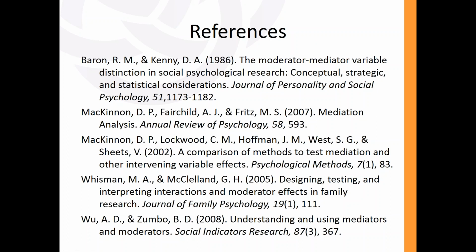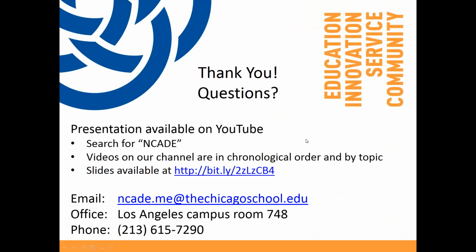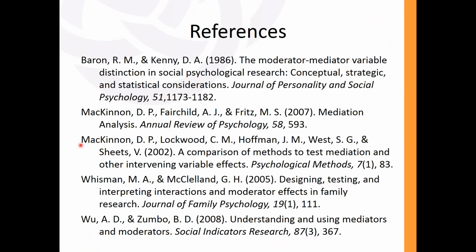It's basically required reading. And all these other ones are seminal articles. This MacKinnon et al. article from 2002 has a lot of different versions of testing the significance of mediation effects. It's pretty heady on the math, but they do a good job of summarizing why you should use which version of the Sobel test, more or less.